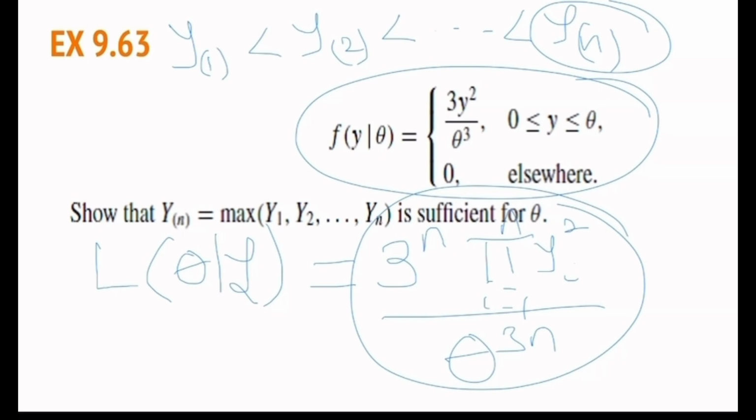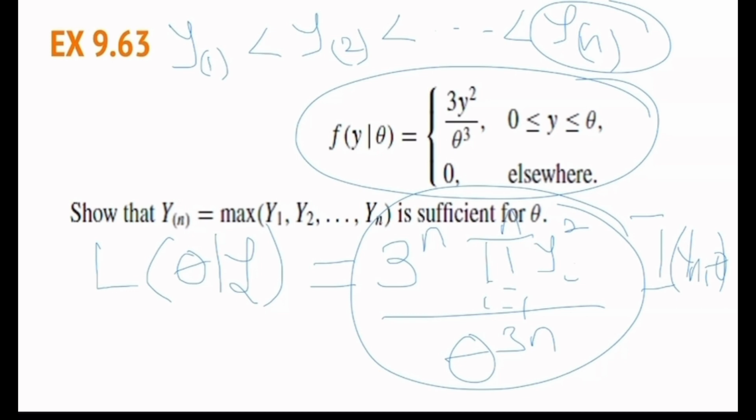I can rewrite this as an indicator function of y and theta, where that I is an indicator function.